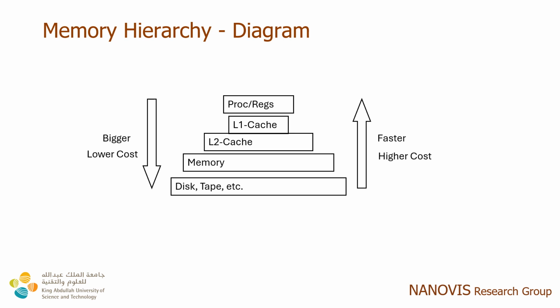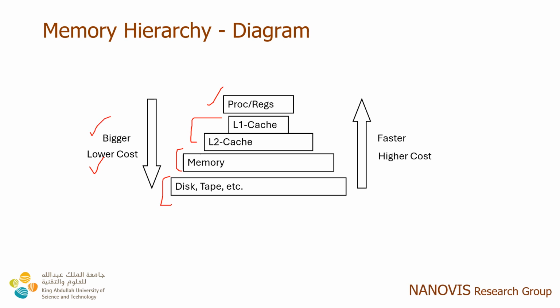So this is the memory hierarchy diagram. You can see on the top we have registers and caches, then main memory, and then secondary storage. If you go from top to bottom, the cost decreases and the size increases.